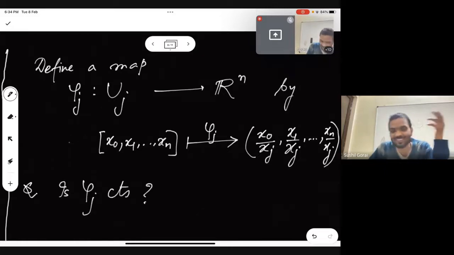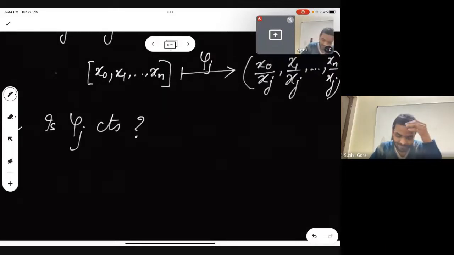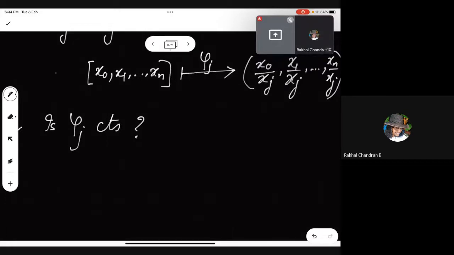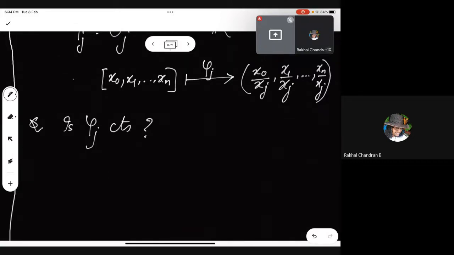Come on, give any kind of answer. Yes, sir. Why? Because this phi j is an induced map from the original continuous function from R^(n+1) minus 0 to Rn, and all the components are rational functions, because there will be t x0 by t xj, so t will get cut, and each component will be a rational function, and xj is not 0, so they are continuous. So we are done.